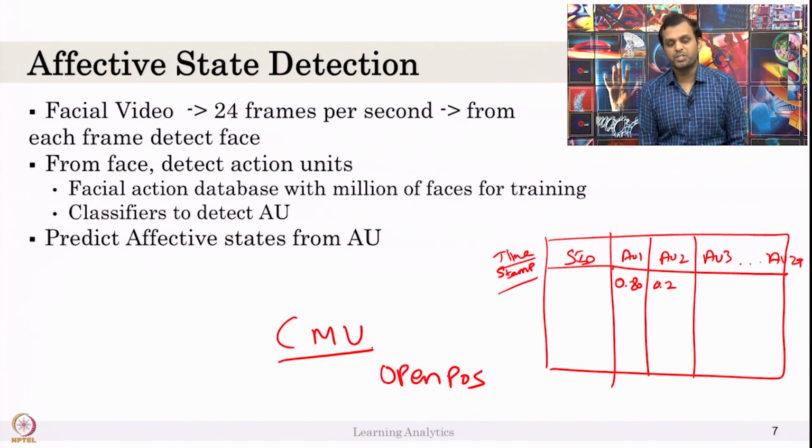But CMU does not give you the emotion detection accurately, or the final emotions. What you have to do is use OpenPose, which detects not just facial expressions but also the posture of your body. Using that data, you might have to do the labeling by human observation or self reporting. Then you have to train your own classifier. We will see how to do that now.